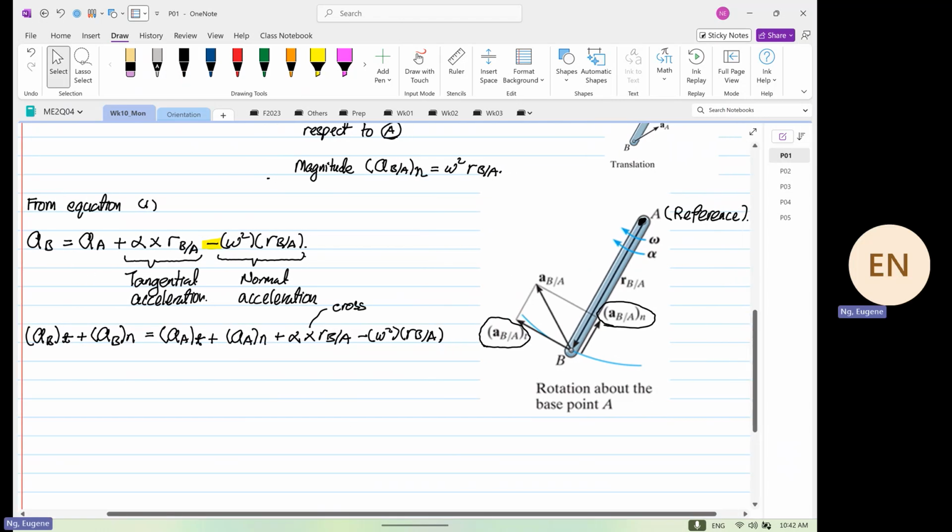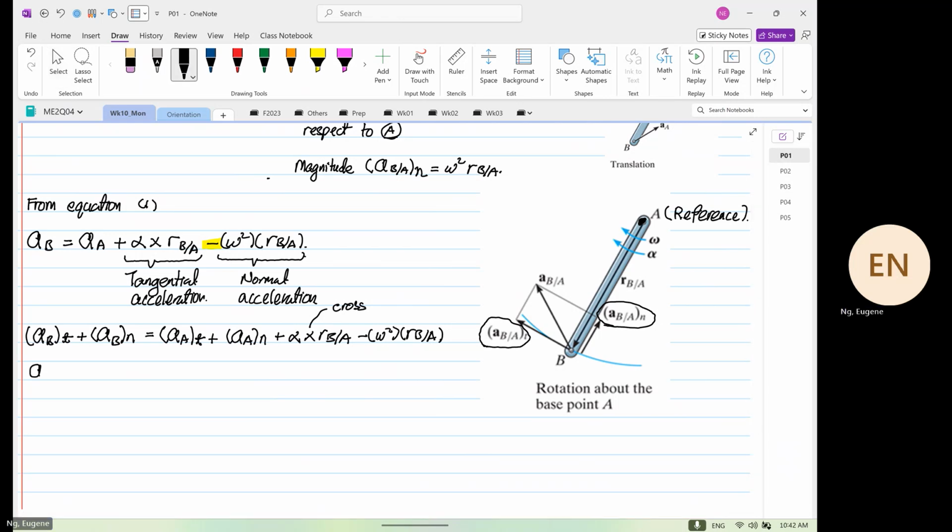Now, from here, we know that AN will be equal to omega squared R. And note that V is equal to R omega.